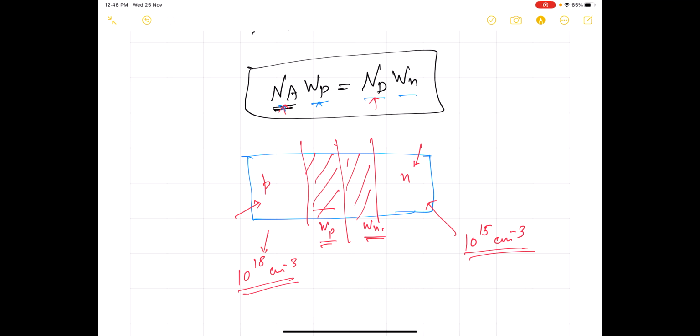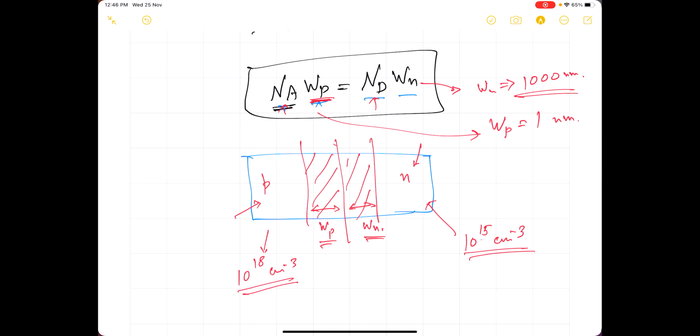Then what will happen to these widths? If you put back this relation here, if Wn, for example, is 1000 nanometer, then what will be the value of Wp in order to maintain charge neutrality? 15 plus 3 is 18, so Wp has to be 1 nanometer.